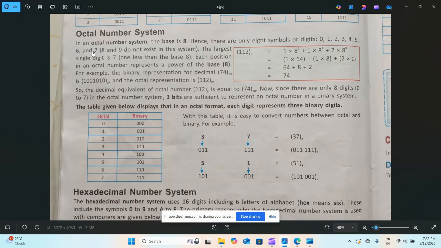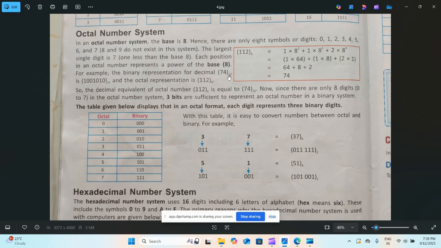Okay, 8 and 9 do not exist. The largest single digit is 7. Okay, each position in an octal number represents a power of base 8. For example, the representation of decimal 74. Now why is the 10 written here?